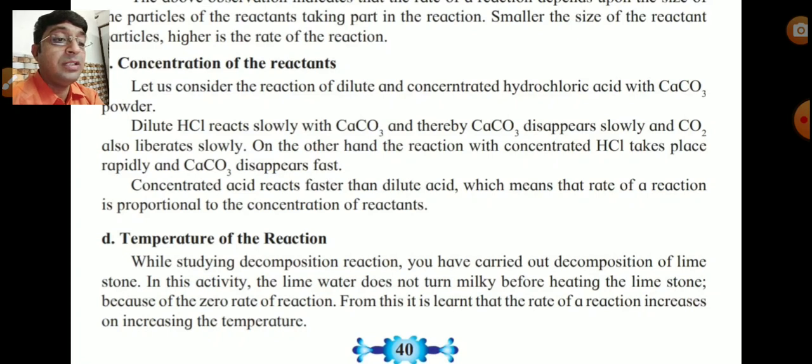This reaction we learned in the last period, because of the zero rate of reaction. From this it is learned that the rate of reaction increases on increasing the temperature. Underline: temperature is more, rate of reaction is also more.